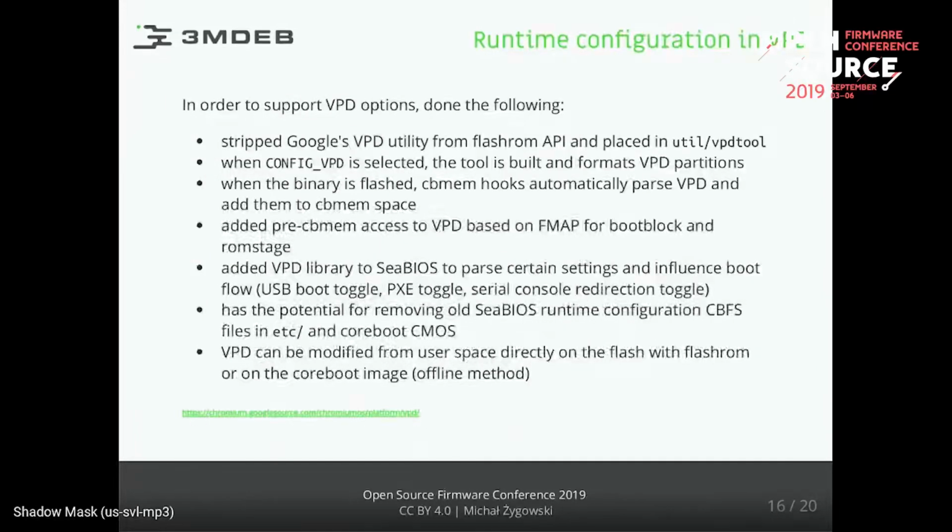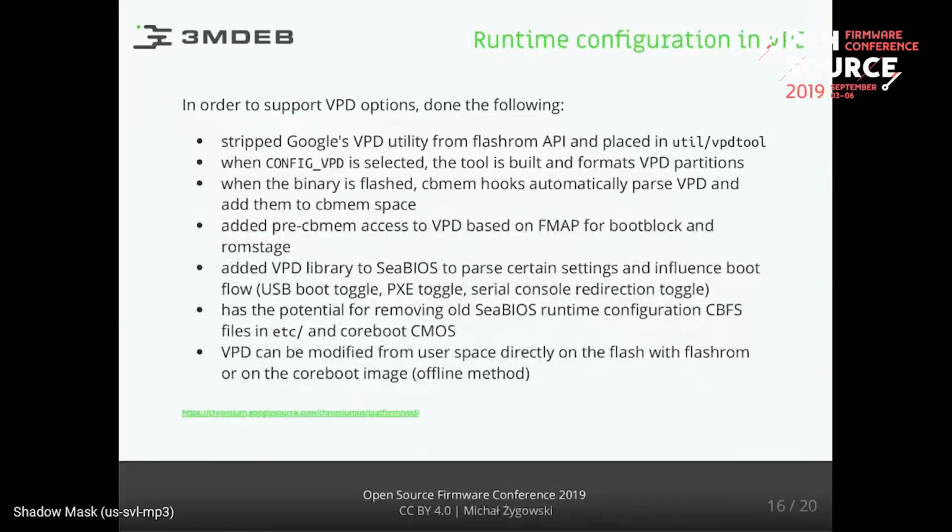But there were also some obstacles here. The VPD partitions must be formatted before they are propagated by coreboot and CBMEM. So I have stripped Google's VPD utility and erased all the flashrom API code and placed it under the util VPD tool, just to obtain a small utility to format the partitions at the end of the coreboot build.